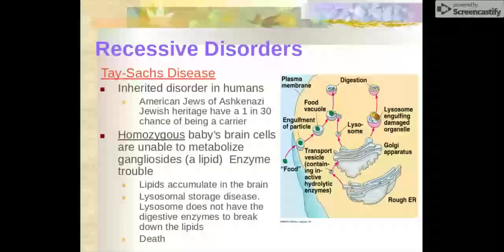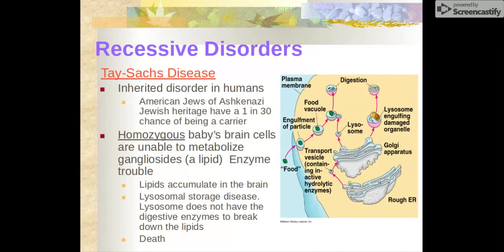Okay. Tay-Sachs disease is actually a dominant allele. Lipids accumulate in the brain, and these lipids will build up and it is typically fatal. And so individuals that have this disorder, I'm sorry, this one is recessive. That's my bad. Huntington's, which we may look at later, is dominant.